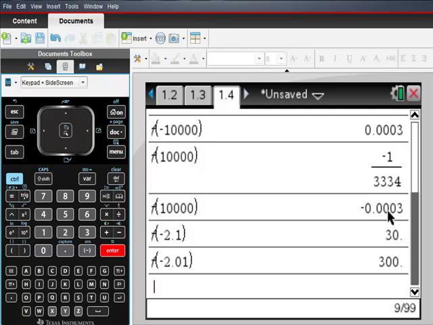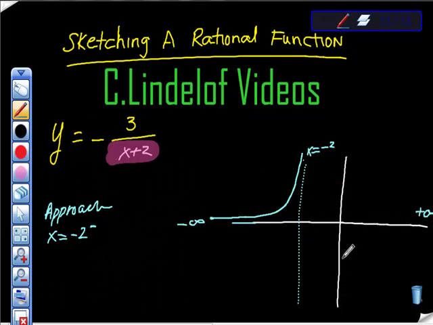And it gave me negative 0.0003. About how much is 0.0003 worth? It's about worth 0, isn't it? But it's negative. So is it over 0, close to 0, or under 0, close to 0? Under 0, but close to 0. So way over here, very close to 0, but less than 0.